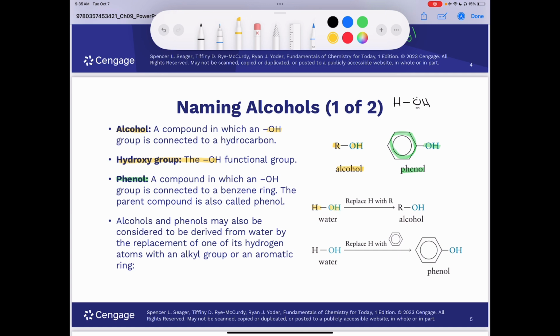So if we replace the proton in water with some kind of alkyl group, then we get an alcohol. If we replace that proton with an aromatic ring, then we end up with a phenol. So make sure you know the difference between an alcohol and a phenol. Alkyl group attached to your hydroxy is an alcohol, aromatic ring attached to your hydroxy is a phenol.